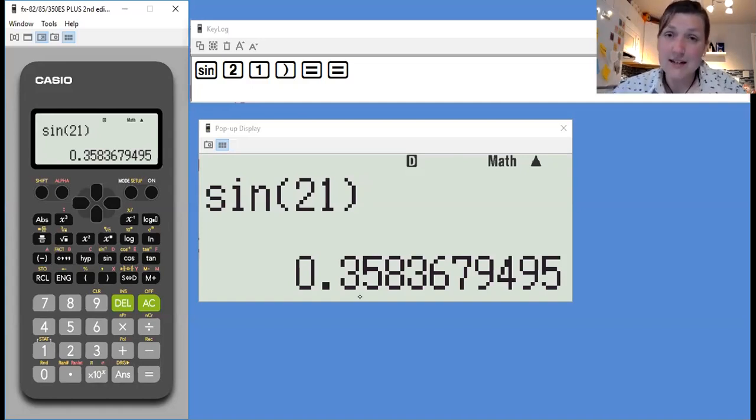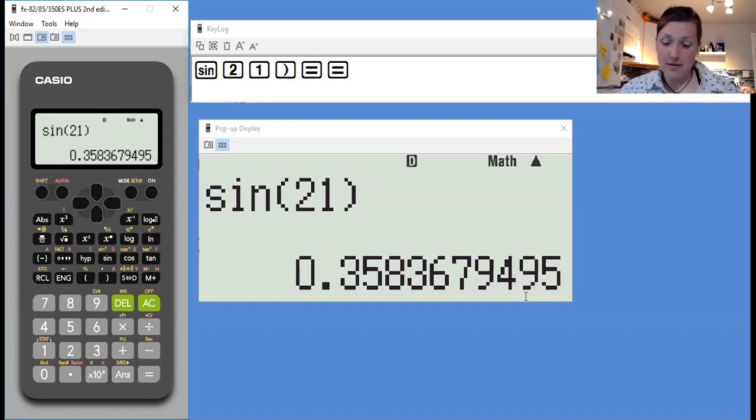That answer, 0.35836799495, is the ratio of the opposite side to the hypotenuse for every right triangle that has a 21-degree angle. No matter what size ours is, this ratio is going to be true.